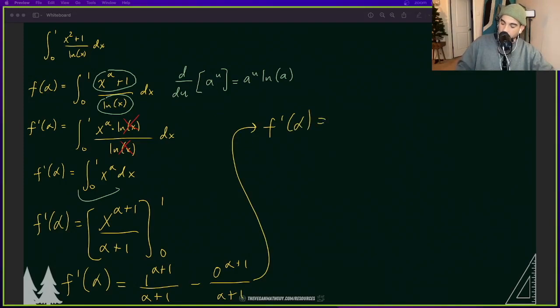So as you can see, f prime of alpha is equal to 1 over alpha plus 1.